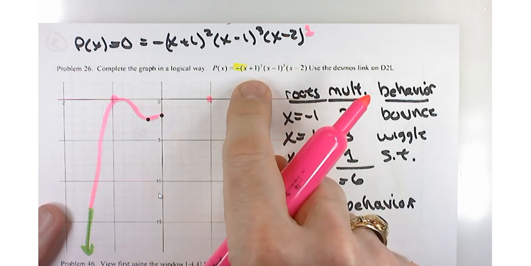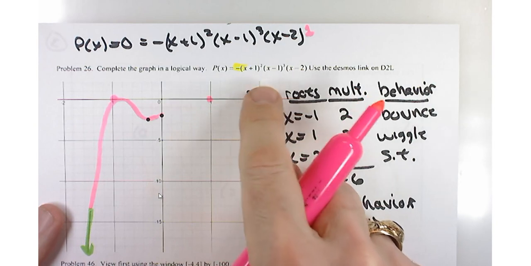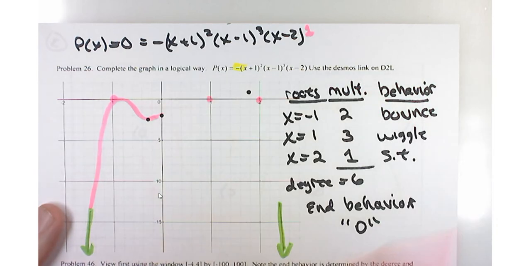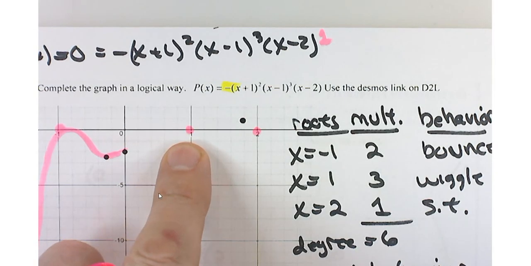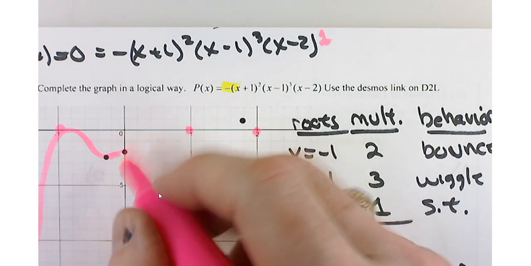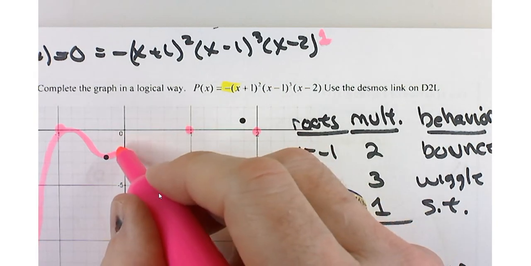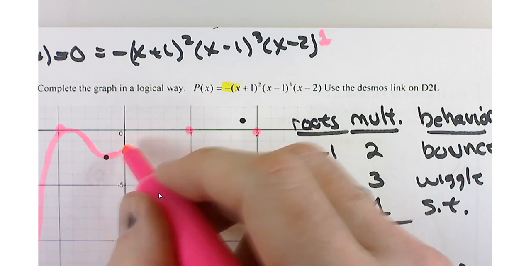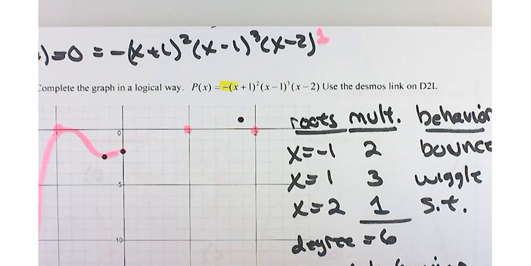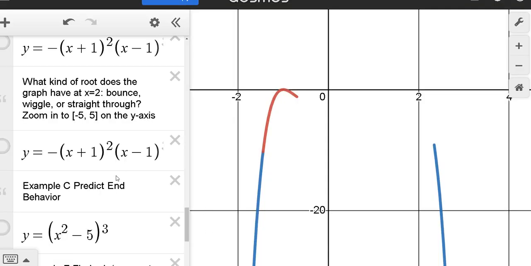The y-intercept on this one is going to be -4, just by setting x equal to 0. But what's going to happen to the graph when I get to this point? Yeah, you're going to have a wiggle through. Now, the scale on this one is not perfect, so let's just take a look at it first before I draw it.